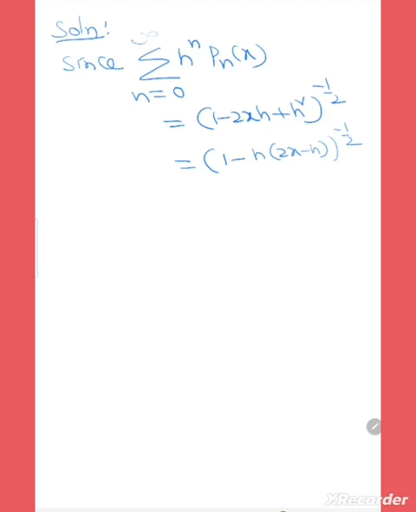Now I expand this using the formula (1 − x)^(−n) = 1 + nx + and so on.